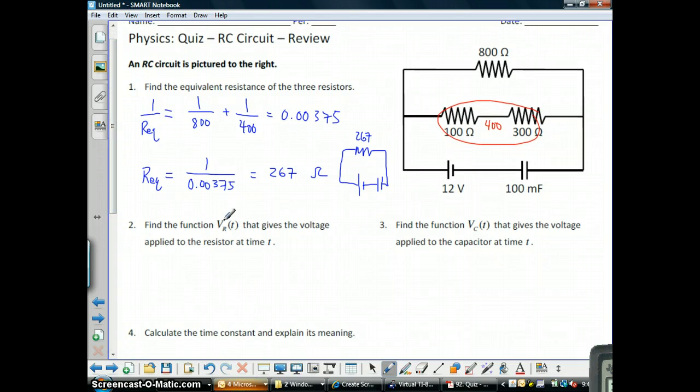So find the function VR of t that gives the voltage applied to the resistor at time t. Notice VR of t, VC of t, it can be confusing. The general formula for each one of these looks something like this, and this one looks like P(1 minus e to the kt).